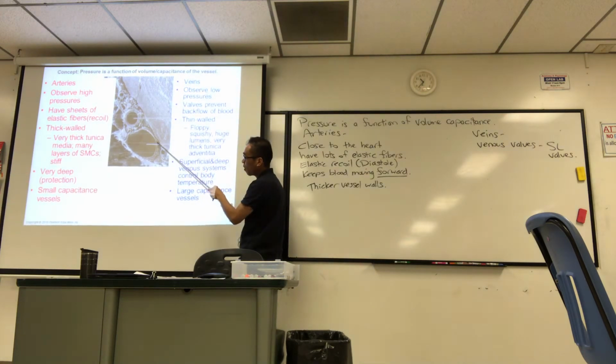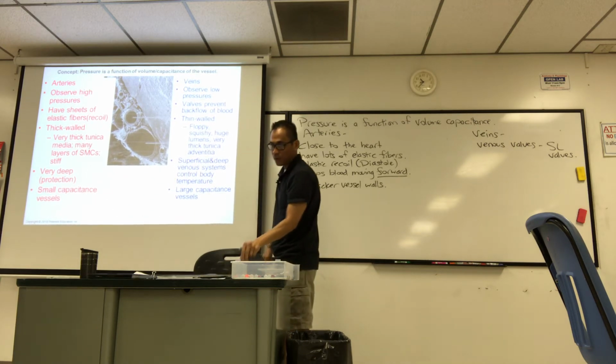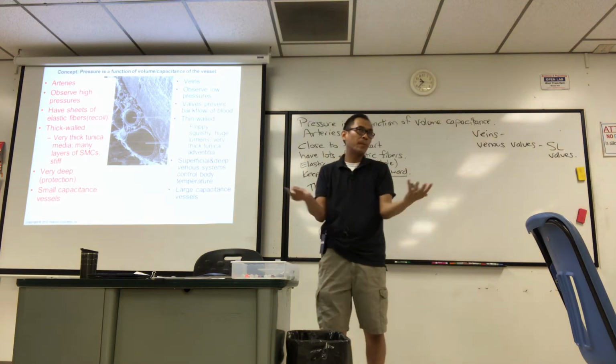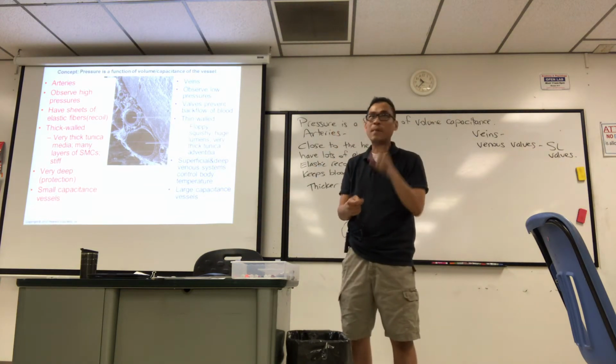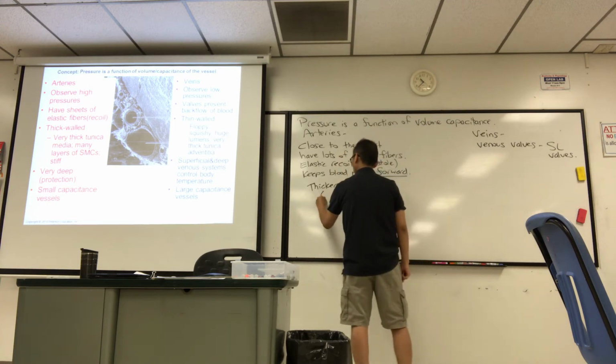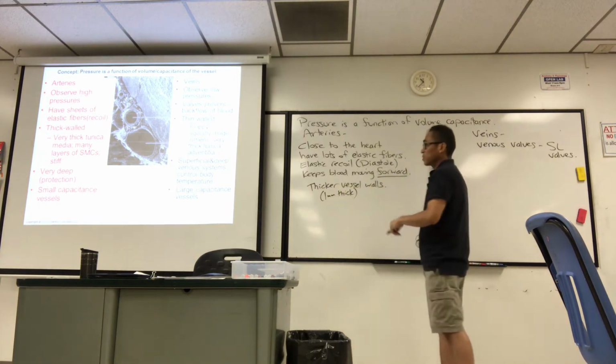Look how thin that wall is, even though the whole diameter is bigger. The wall is thinner in a vein compared to an artery. I don't know if some of you use scissors to cut through one of your arteries, like the pulmonary artery or the aorta. It's about 1 millimeter thick in arteries. Well, anyways, veins have thinner walls. You might want to note that.